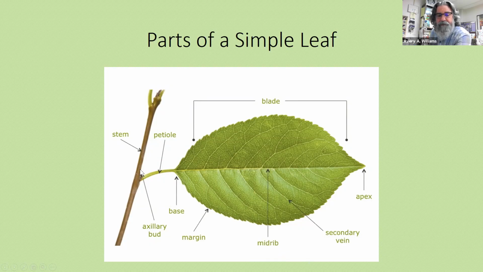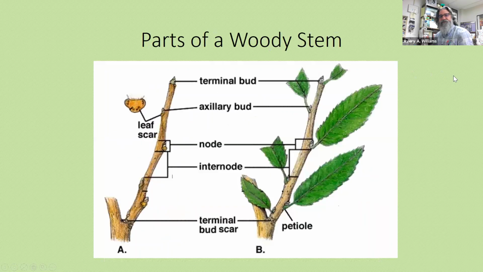The axillary bud is the bud that's going to form the new leaf next year, because in the winter, on a deciduous plant, this leaf would detach and leave behind a little scar where it was attached. But in the springtime, this axillary bud would open and produce a new leaf. And that's basically it. Parts of a simple leaf, all right?